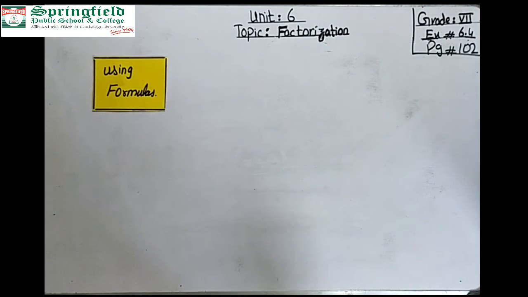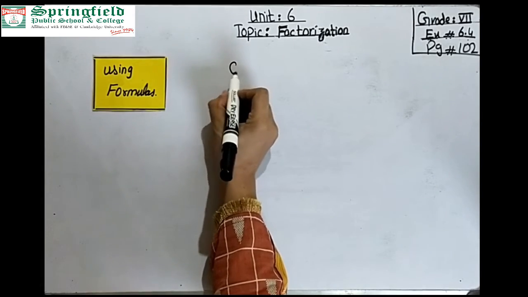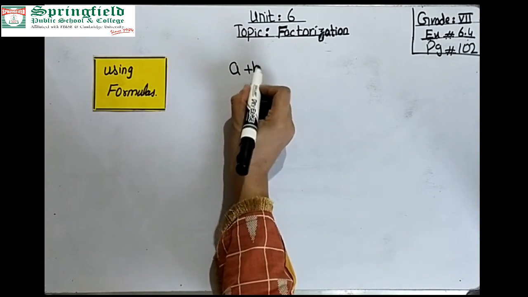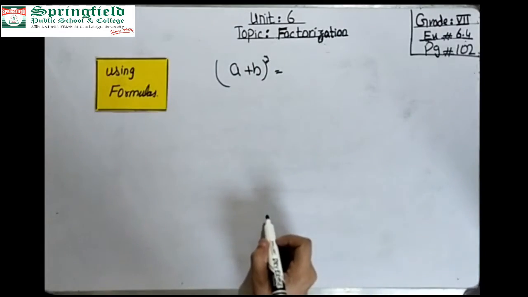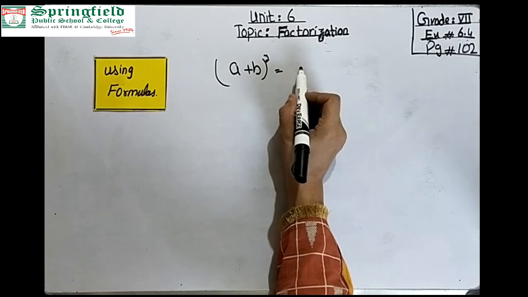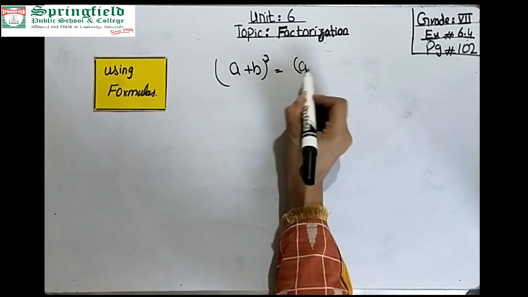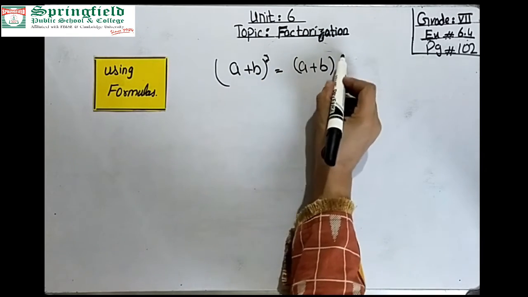Okay, beta, as we have already learned different formulas in the previous assignment, do you know that (a plus b) whole square? Do you remember? (a plus b) whole square means a plus b will be multiplied 2 times.